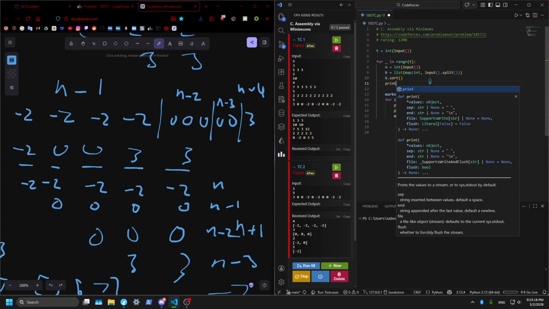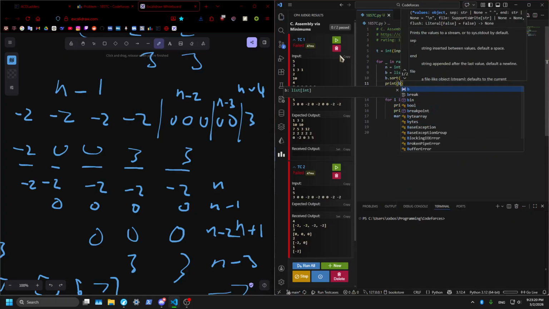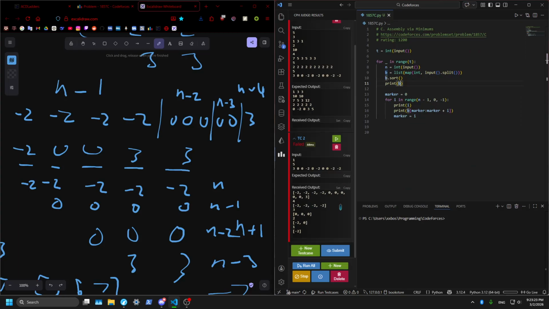Let's print B again. 2, 2, 2, 2. Zero, zero, zero.